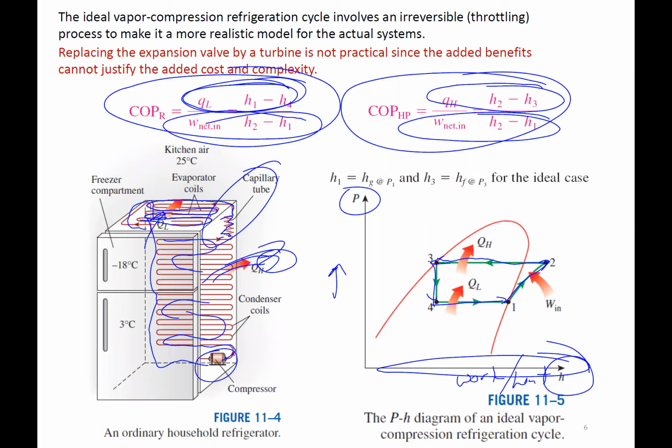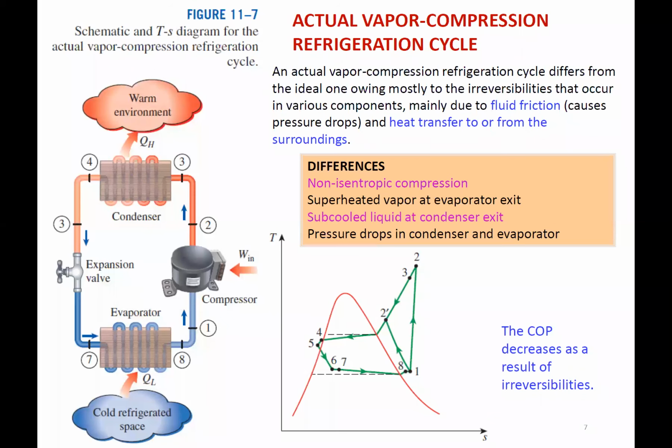All right, so here we have our actual cycle. Okay, so in this case, we've changed it from the ideal and are looking at the actual and what's different between those. And the big thing we see here, so let me correct these labels. This is 1, 2, 3, 4. This should be 5, and then this should be 6. Okay, and 7, 8.